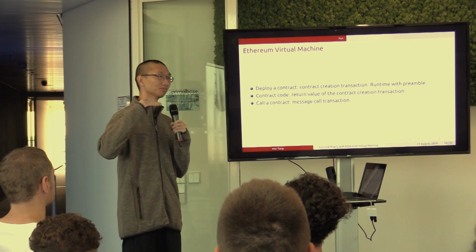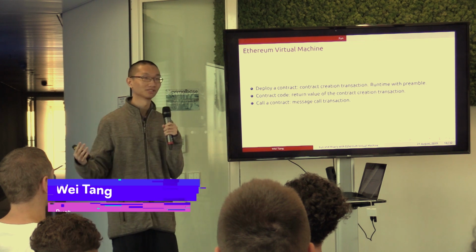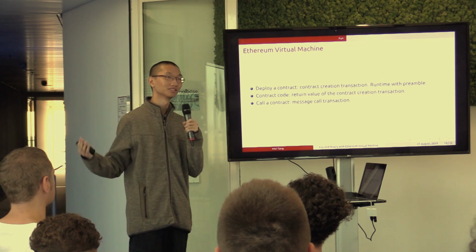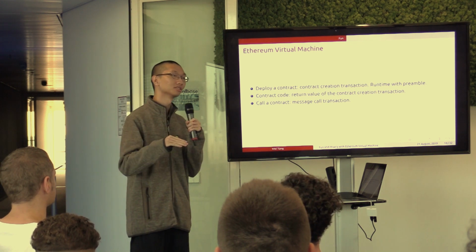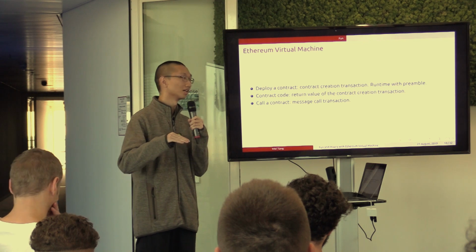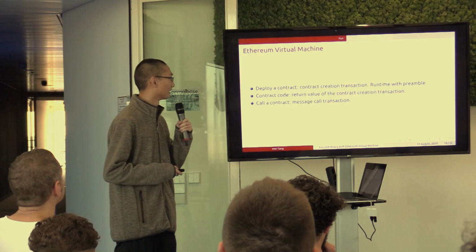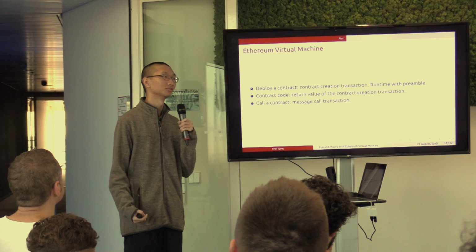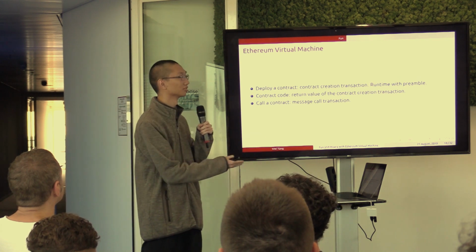The preamble says, I want to push the code below as a return value. This transaction will then interpret the result of the execution as the code, and then deploy it onto the blockchain. So the contract code is the return value of the contract creation transaction. And then when you actually call a contract, you only execute the runtime code. So we actually have two different kinds of code here.